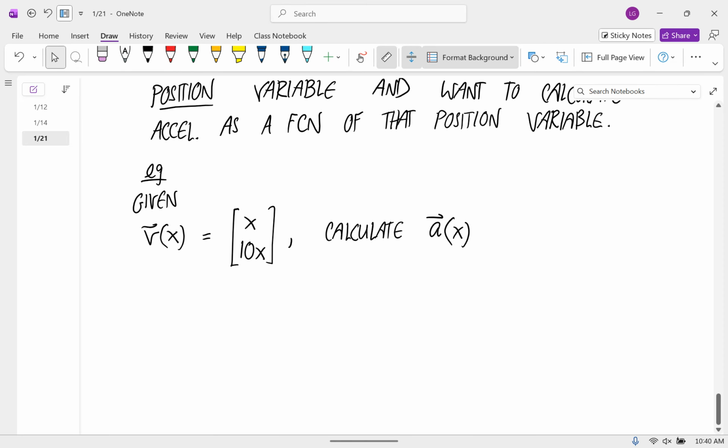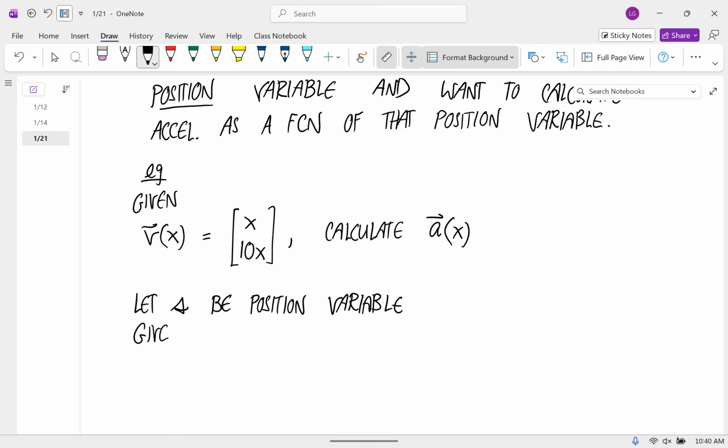Okay, so the approach is I'm going to give this arbitrary variable lowercase s, and we'll let that be the position variable that we're using. And so say that we're given the velocity as a function of this position variable. It could be x or y or z.